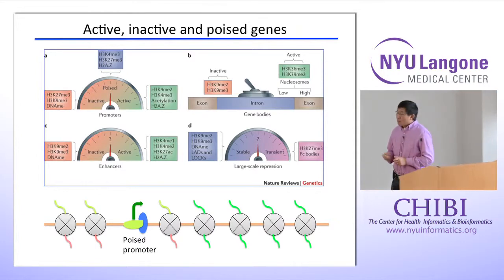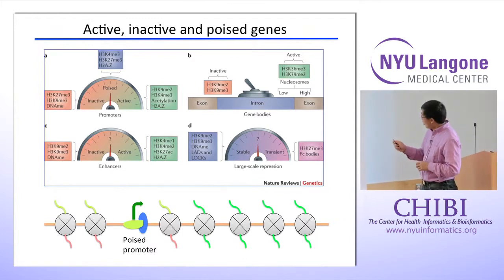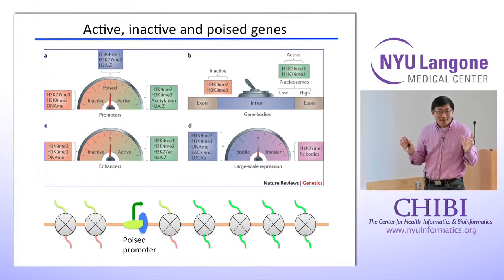In the genome, there are also many different types of genes. One we call active genes, and inactive genes, and poised genes, three different groups of genes. Each group of genes is marked and arranged by histone markers.